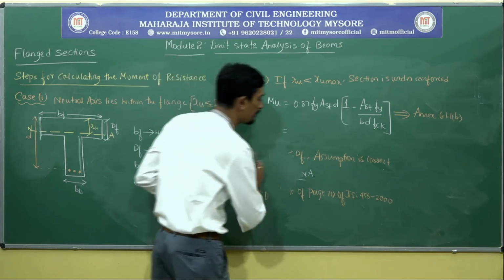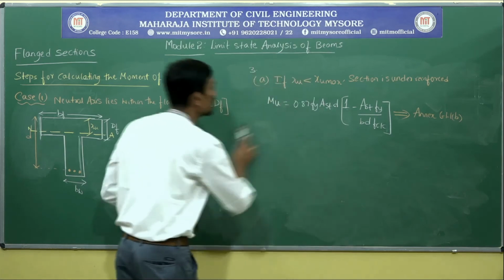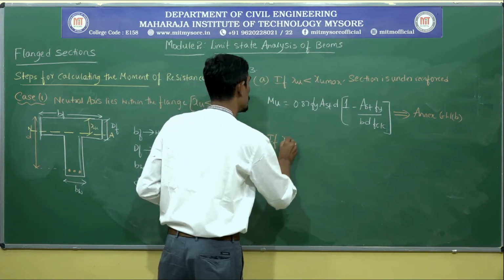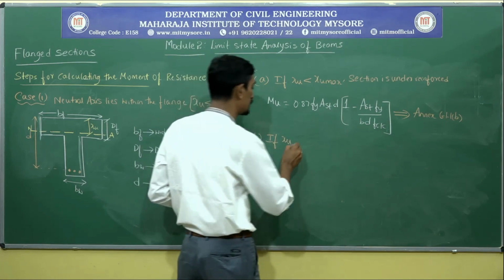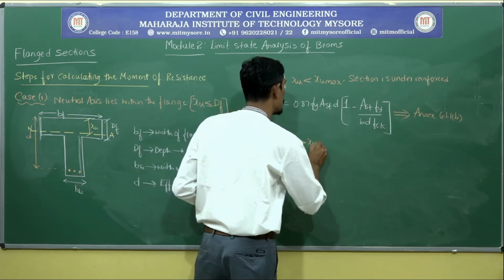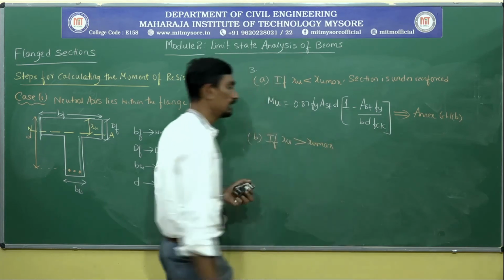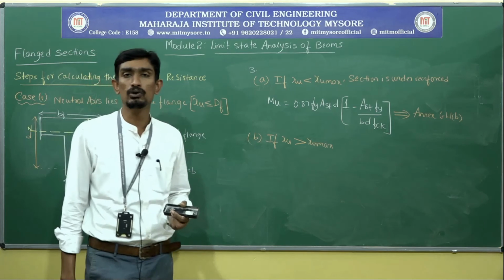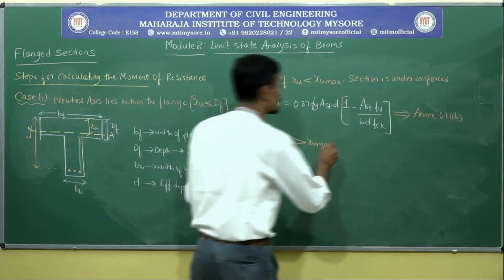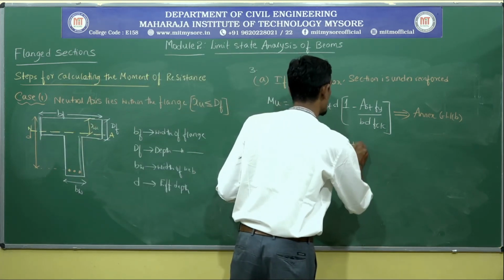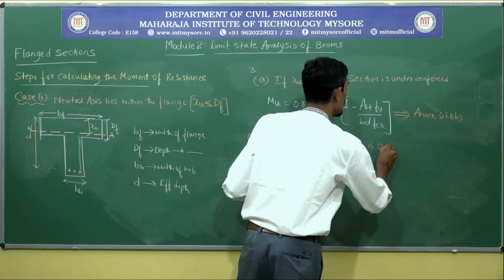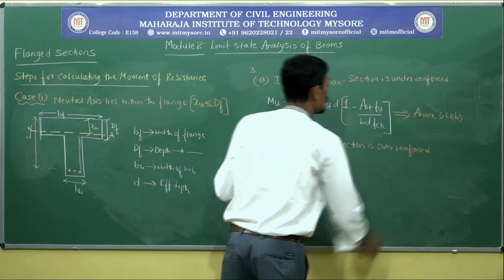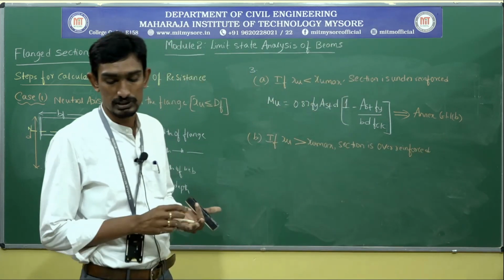Next, if the XU value, that is depth of neutral axis, is more than XU max, then the section will be treated as over reinforced section.